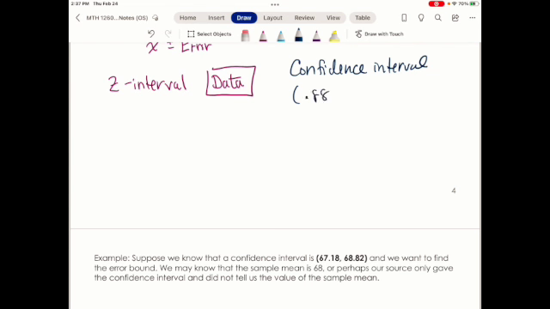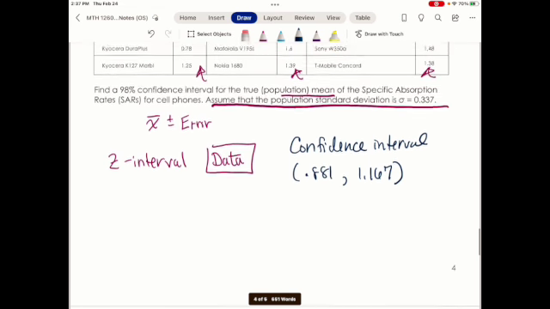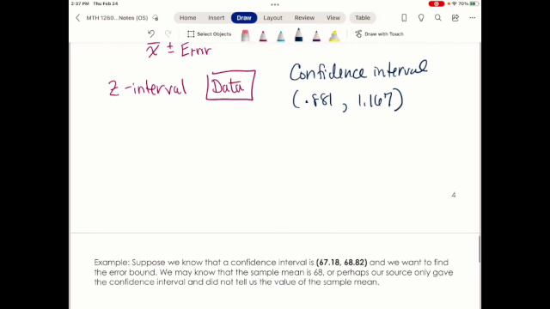When we looked at the calculator, our lower bound was 0.881 and our upper bound was 1.167. So my interpretation would be, since we're doing this, what was our level? 98.